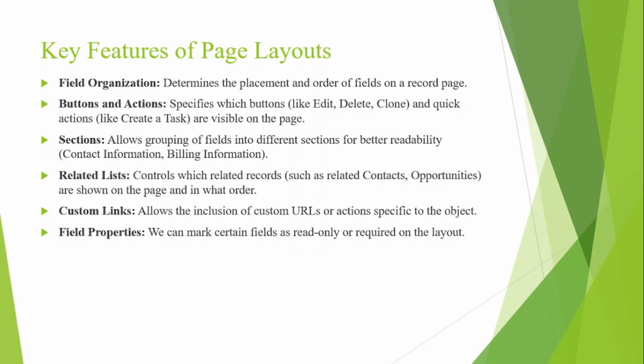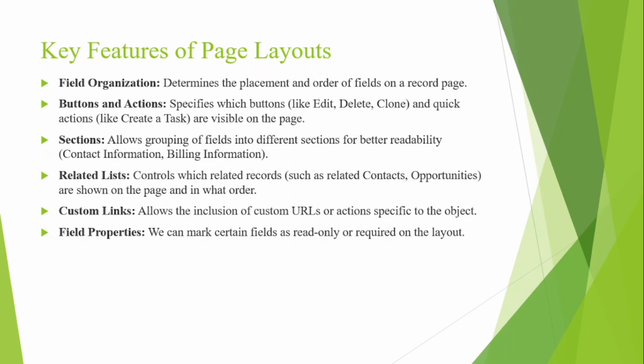All these things are put in a particular section, so the readability of that particular page will be easy. Related lists control which related records are shown on the page and in what order. So for a particular object, which related records we want to display.